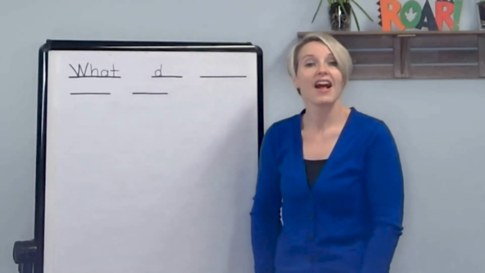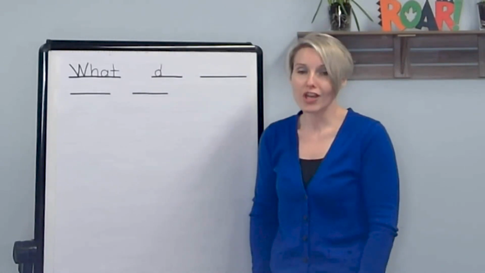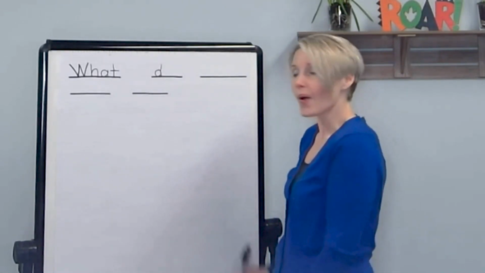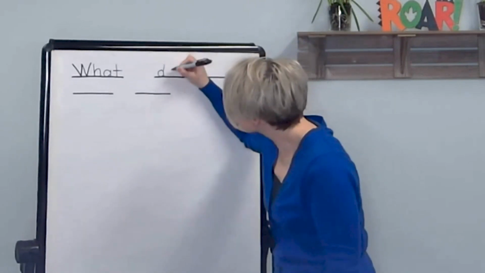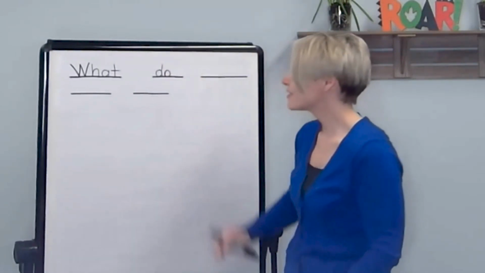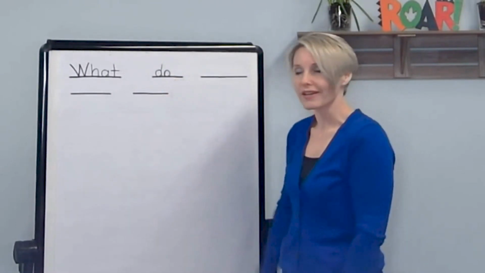D. The next sound is oo. In this word, just lowercase o is making the oo sound. Watch me make an O. Start in the middle, around like a C, and close it up. There's the word do. Let's read our 2 words.